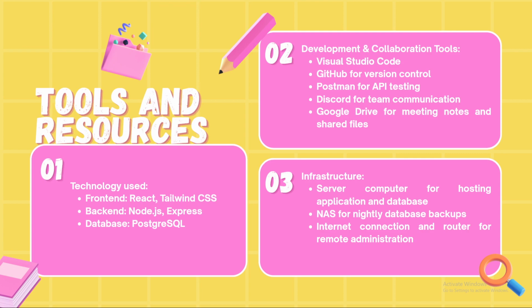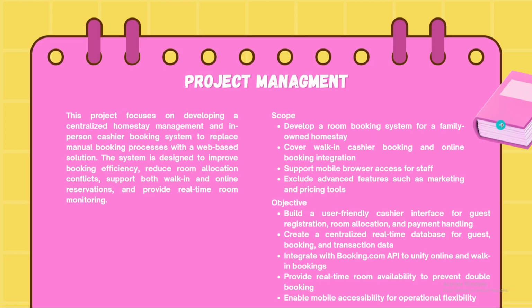An internet connection and router are going to be used for remote administration. Now, for the project management itself, the project focuses on developing a centralized homestay management and in-person cashier booking system to replace the manual booking process with a web-based solution. The system is designed to improve booking efficiency, reduce room allocation conflicts, support both walk-in and online reservations, and provide real-time monitoring.